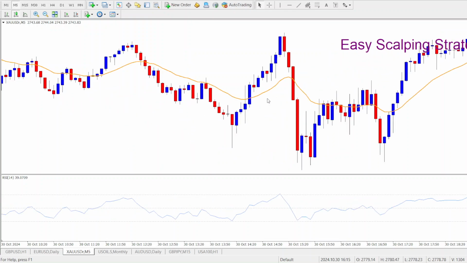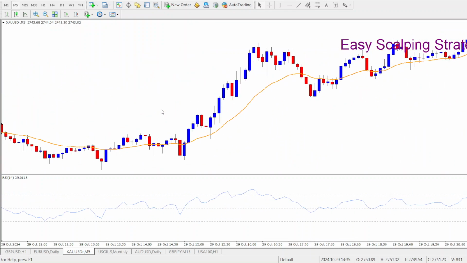When the price is above the 20 EMA, for example, here we can see how price got above the 20 EMA, and at the same time you have the RSI close to the oversold level pointing upward.